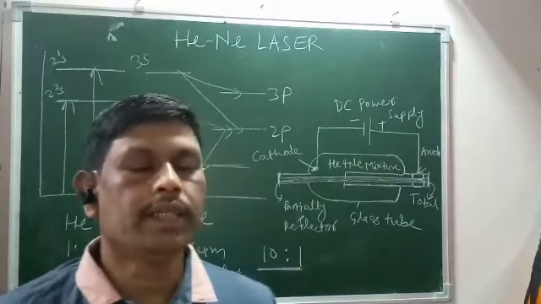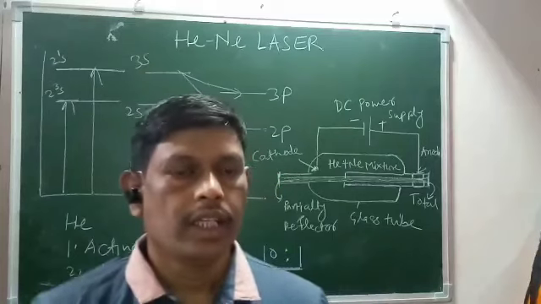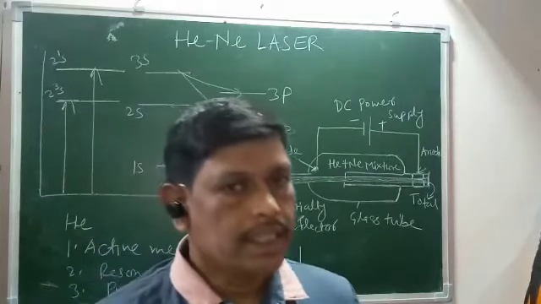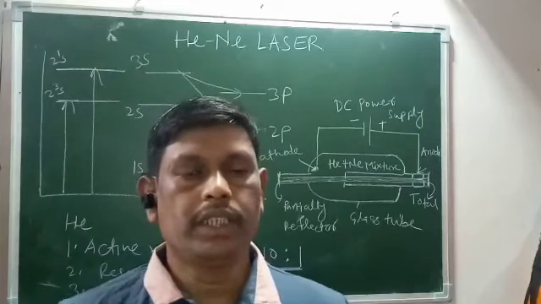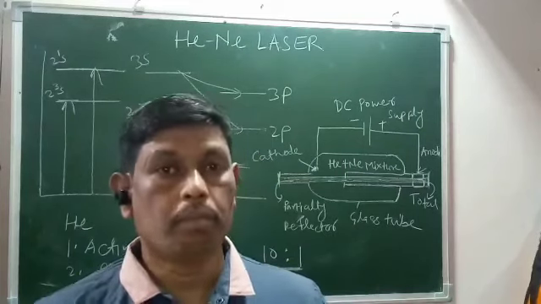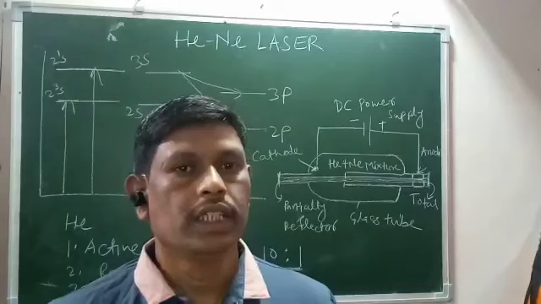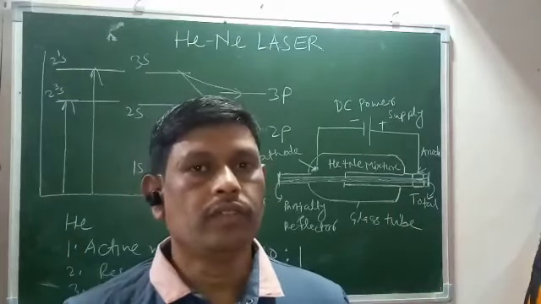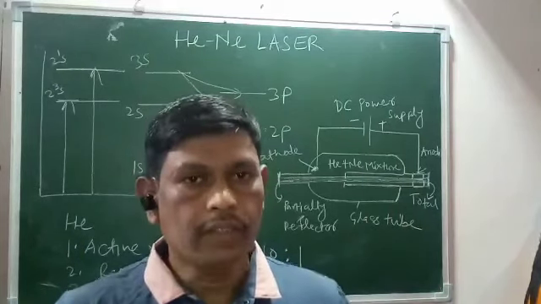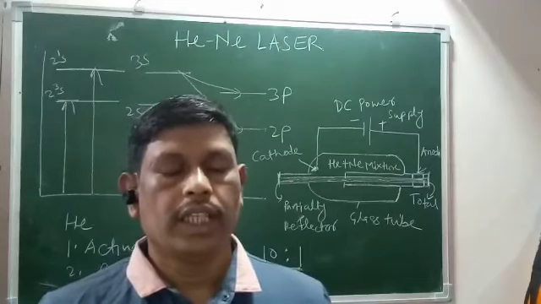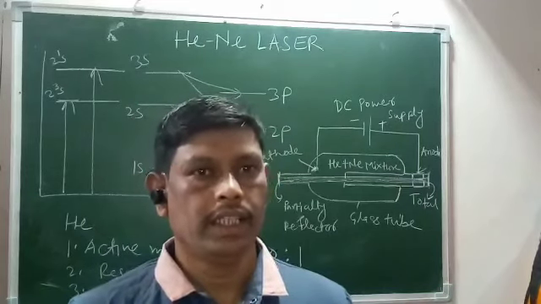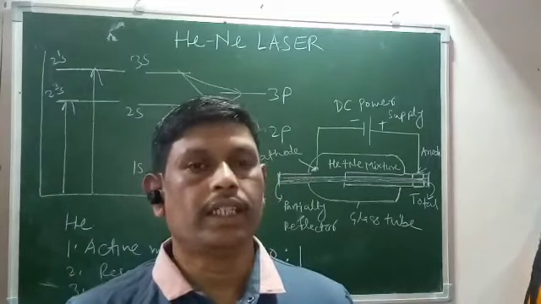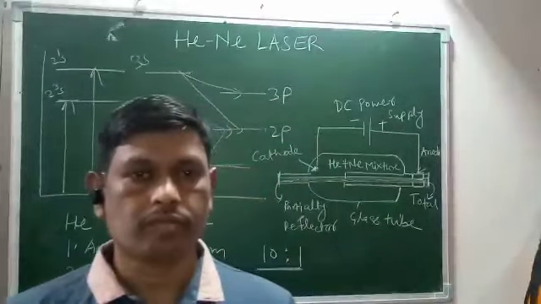Why do we take helium and neon? The answer is that some of the metastable states of helium atoms are approximately equal to the metastable states of neon atoms, or in other words, the helium and neon excited states are equivalent to each other.